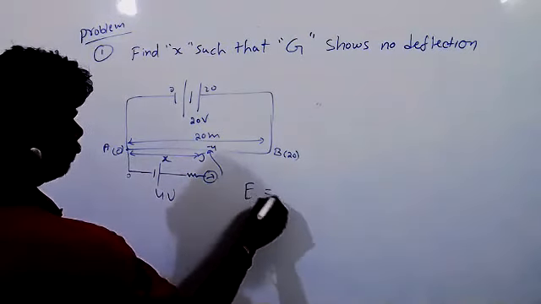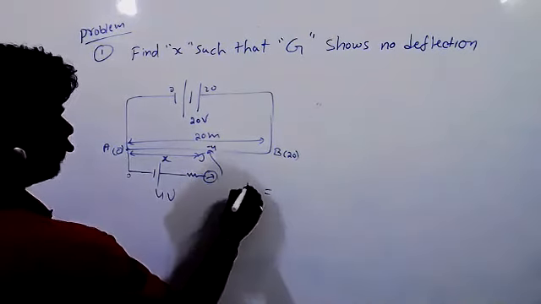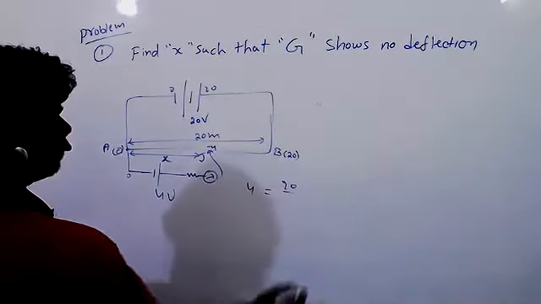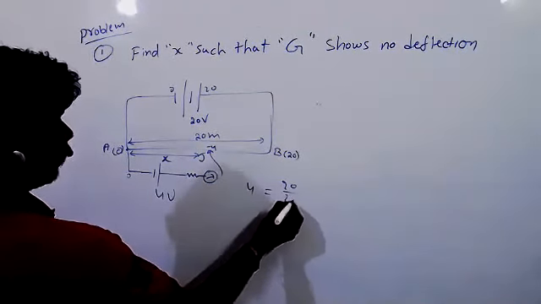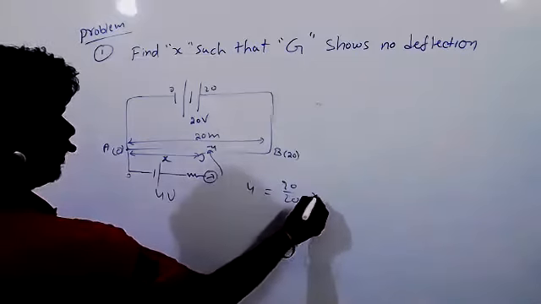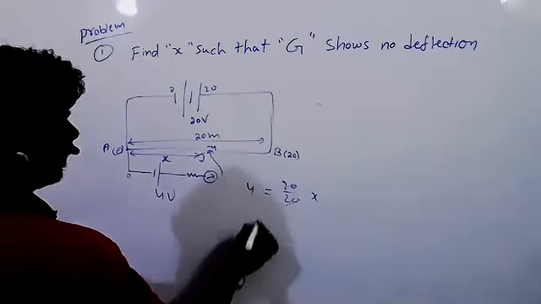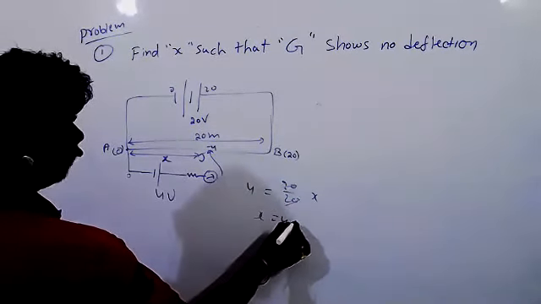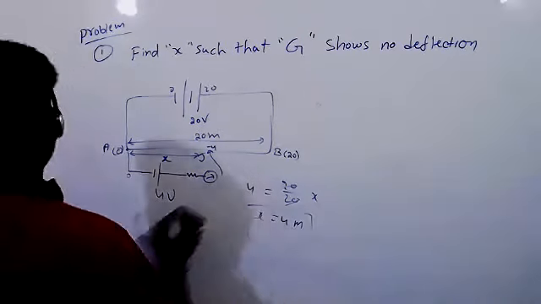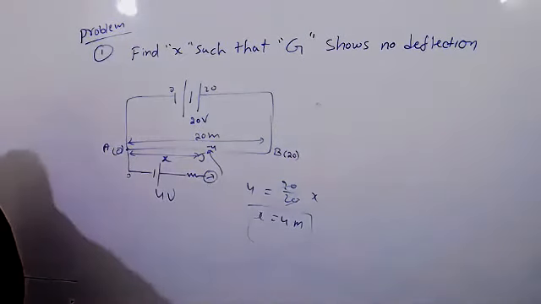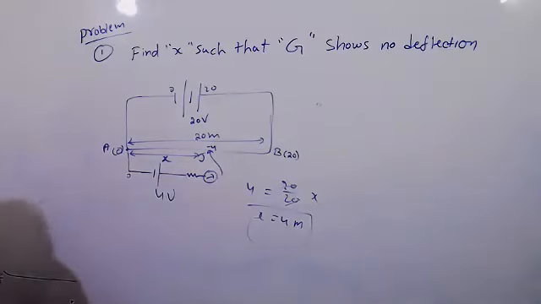E equal to, E is 4, 20 by 20 into X. 4 meters. Good. 4 meters. At 4-meter distance, you will get the null point.